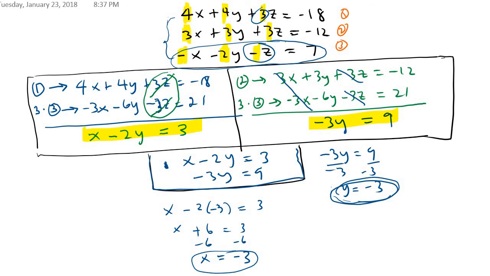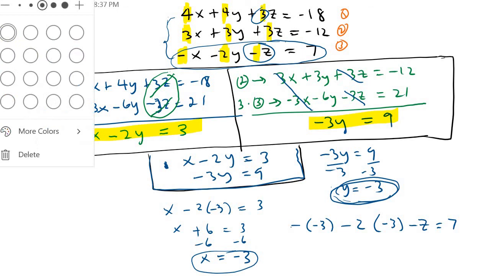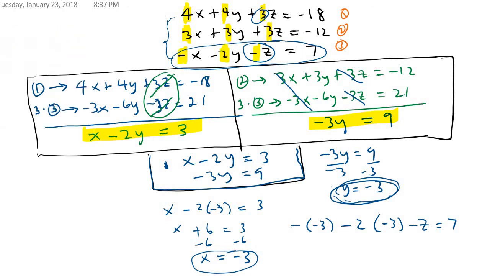So it's going to be negative x, so negative 3, minus 2 times negative 3 for y, minus z equals 7. So let me highlight that for you. What we have just done was plug it into this equation right here. That might be too hard to see, but that's what we did. We plugged it into that equation I highlighted in pink.